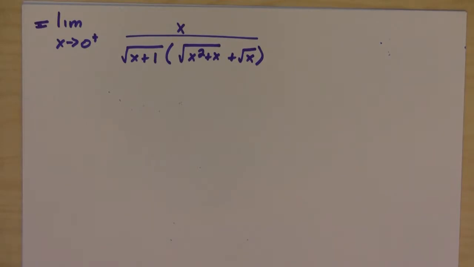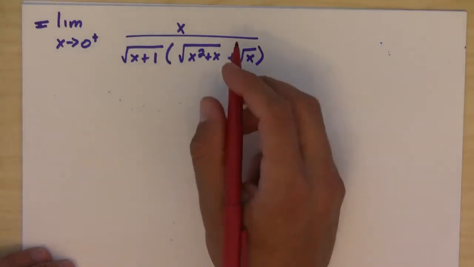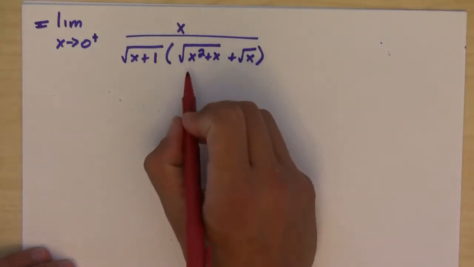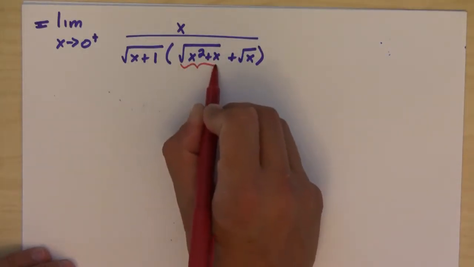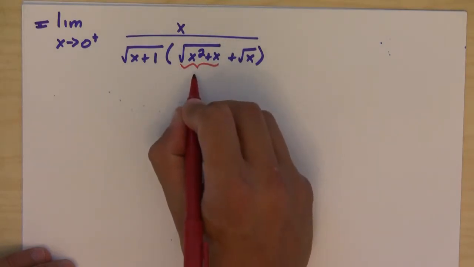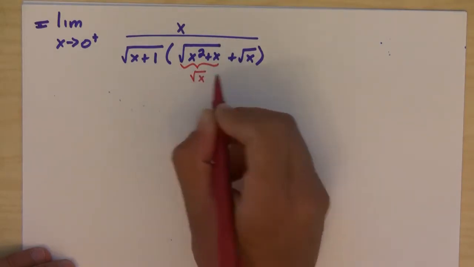Okay, so this is what we have left over, and we just saw that we still get an indeterminate form, so we have a little bit more work to do. Now in calculus, sometimes we factor out funny things, and what we're going to do here is factor out a square root of x.